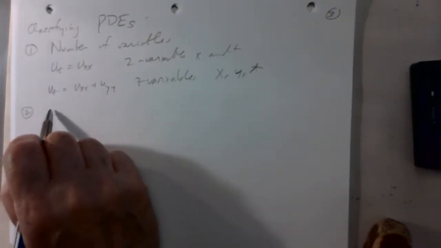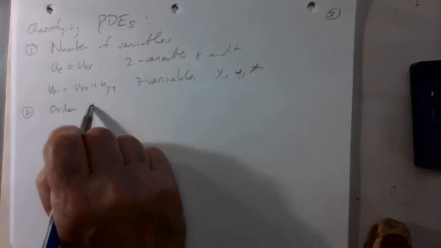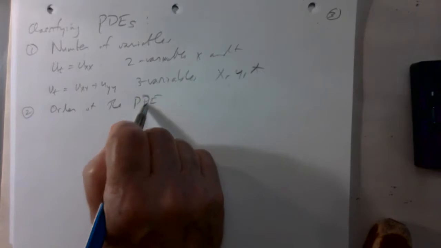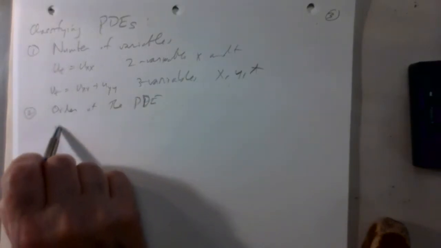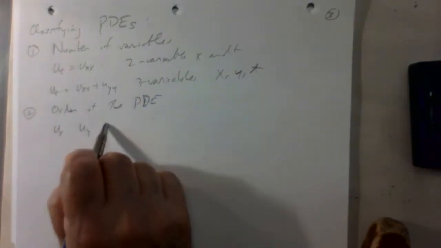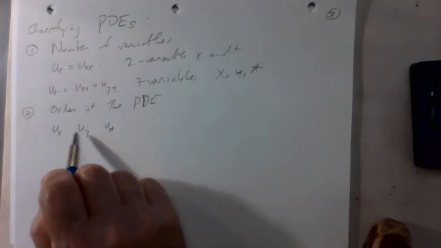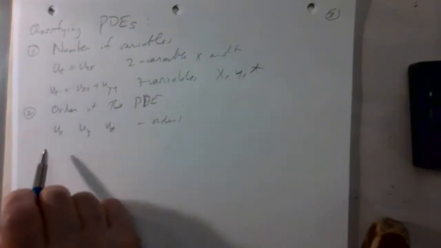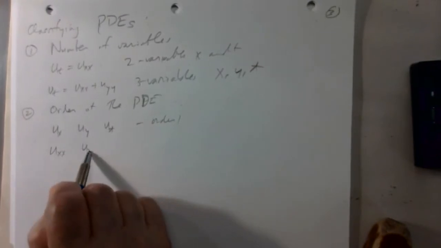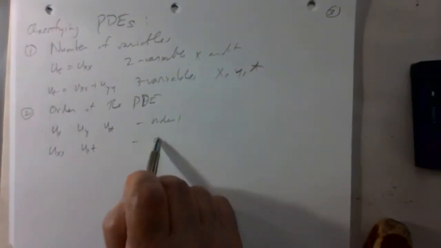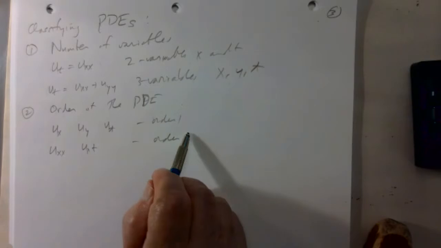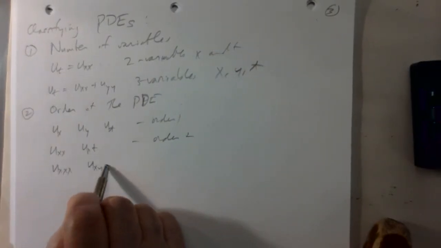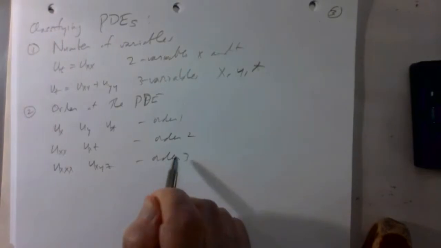The second classification has to do with the order of the PDE. If you have ux or uy or ut, for example, these are first derivatives. So these are partial derivatives of order 1. If you have uxx or uxt, these are second derivatives. These are partial derivatives of order 2. If you have uxxx or uxyz, these have order 3.